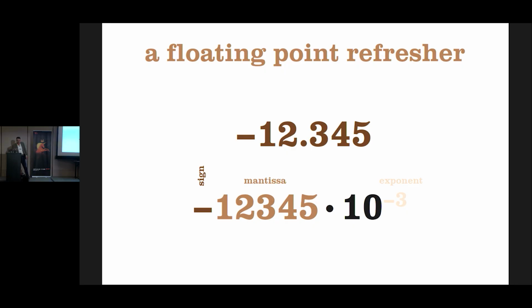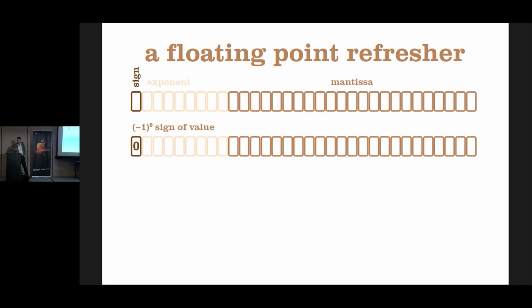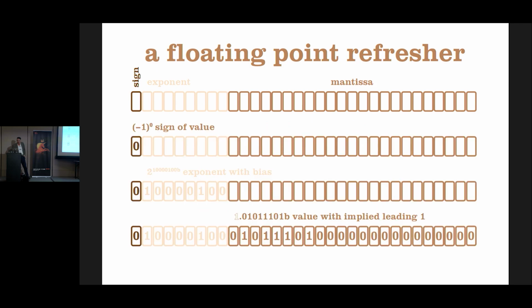Now, what we're going to do with the computer is we're going to speak binary, which means that we have to have some sort of system of fractional expression that we can use in practice. And so what we're going to do, go ahead and drop all these in. Okay, so this is a 32-bit single precision C float.